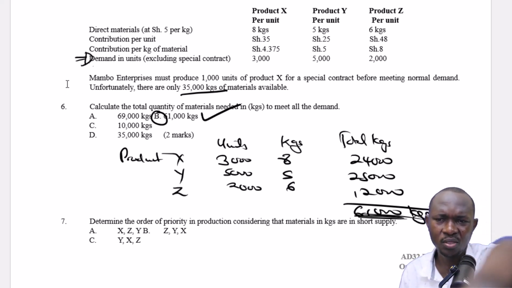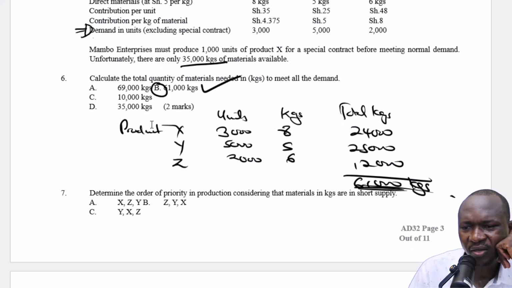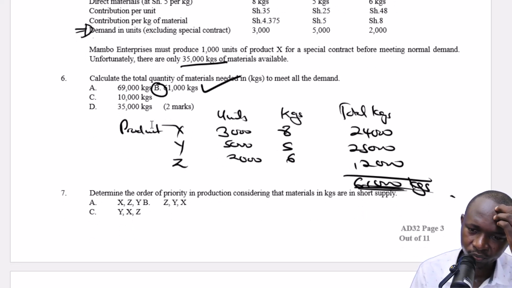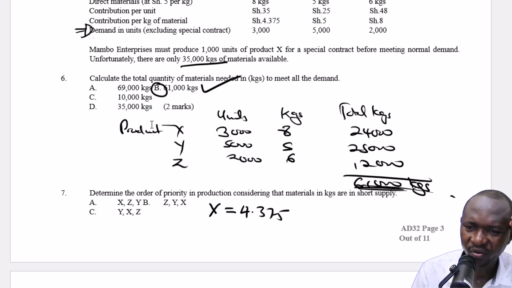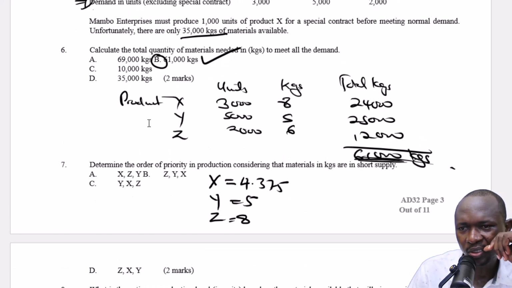So this will be 4.375 for product X, 5 for product Y, and 8 shillings for product Z. That is the contribution. Contribution is what each product leaves behind, in layman's language, the net.